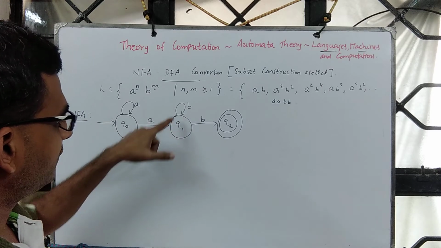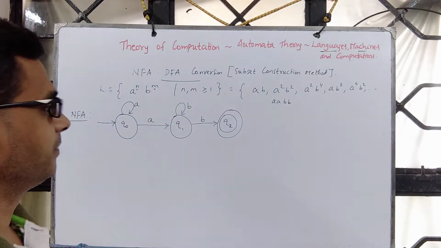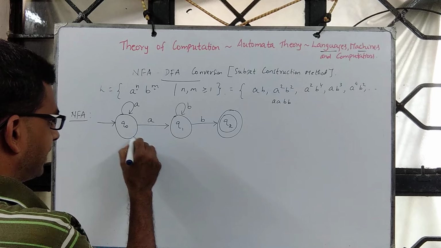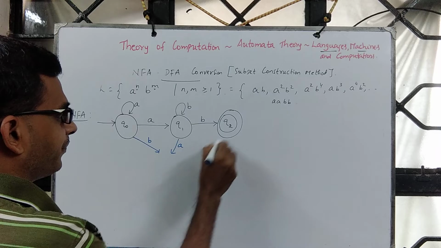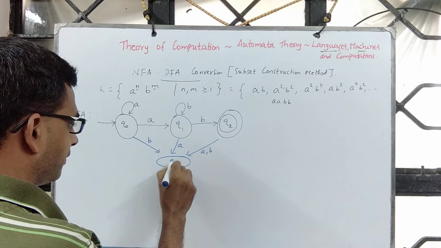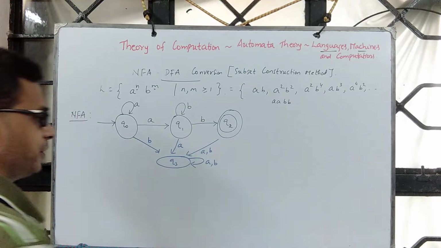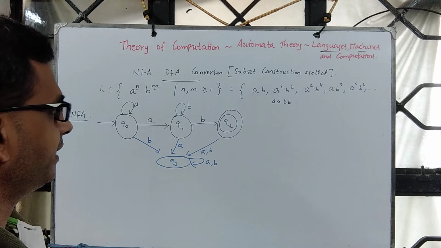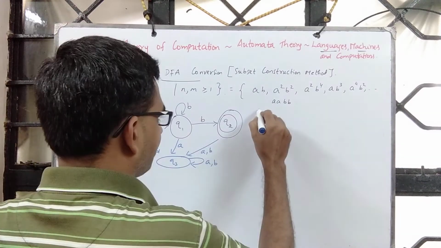Similarly, using Q1, with this loop we read m-1 B's, and with this we read the mth B. Now it is a function, so for the other entries, if there is a transition on B, on A, or on A comma B, all of them go to Q3, and at Q3 if we get A or B we continue to stay at Q3. So now the function is well defined. Now let's start constructing an equivalent DFA.